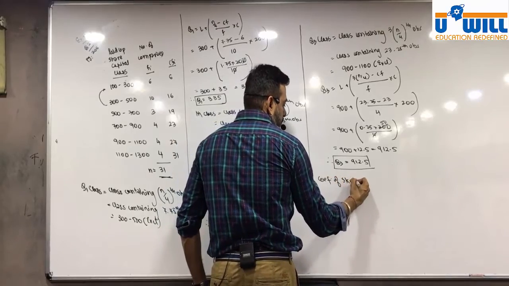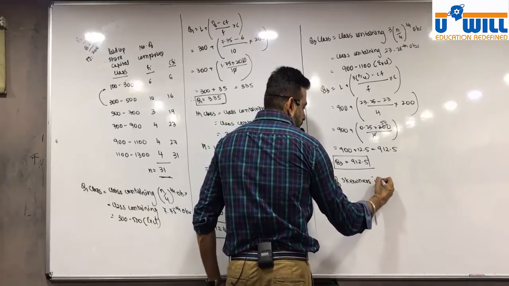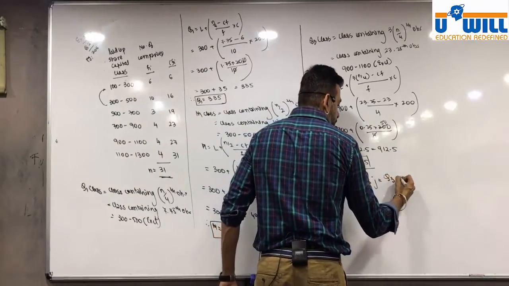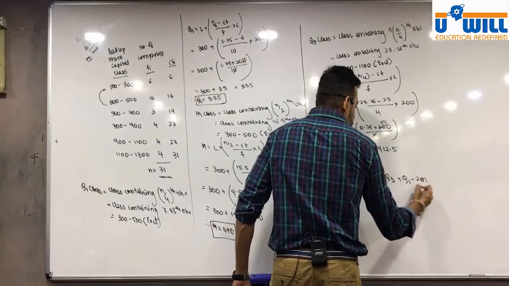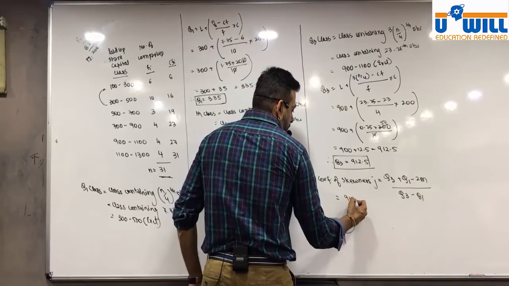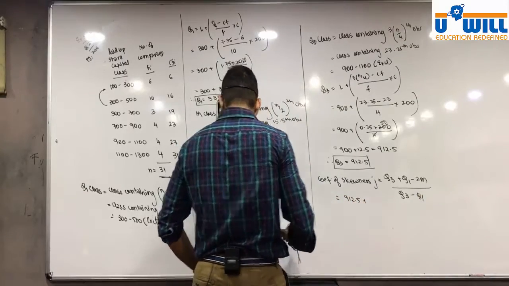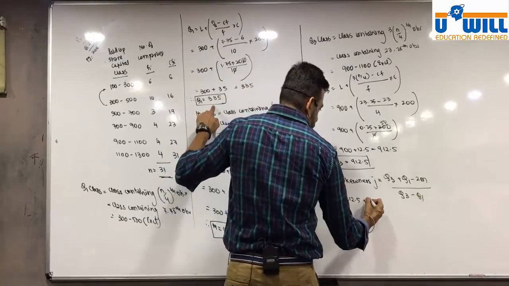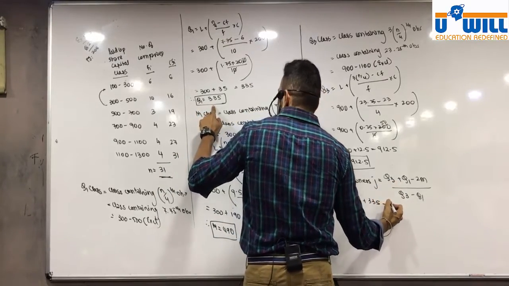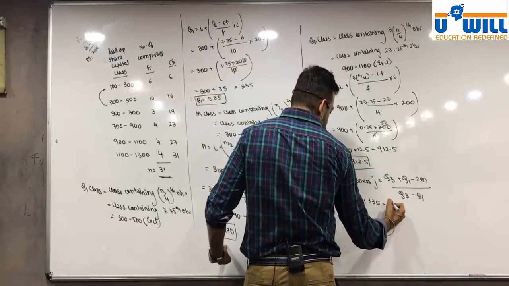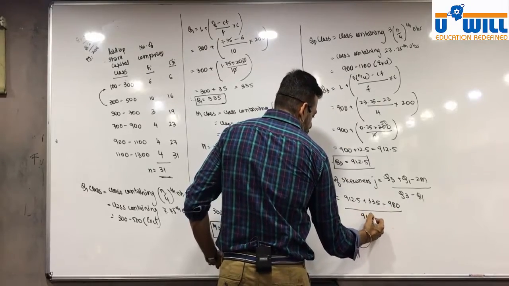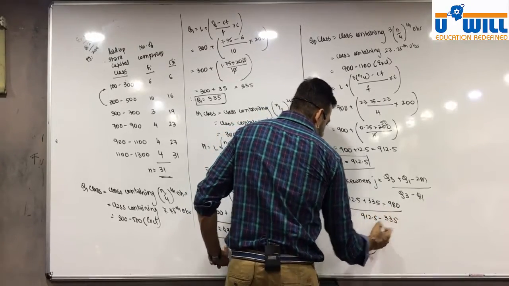Coefficient of skewness J is equal to Q3 plus Q1 minus 2M upon Q3 minus Q1, equal to 912.5 plus Q1, which is 335, minus 2M, 490 into 2, 980, upon Q3 912.5 minus 335.